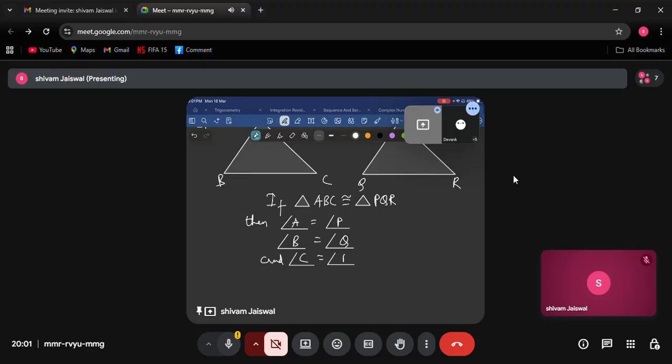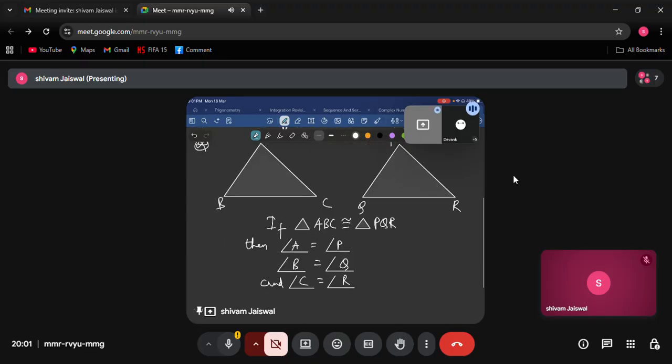So over here, if triangle ABC is congruent to triangle PQR, can I say that angle A is equal to angle Q, angle B equal to angle P, and angle C equal to angle R? Tell me, everyone. No, sir. So over here, the order is very important.